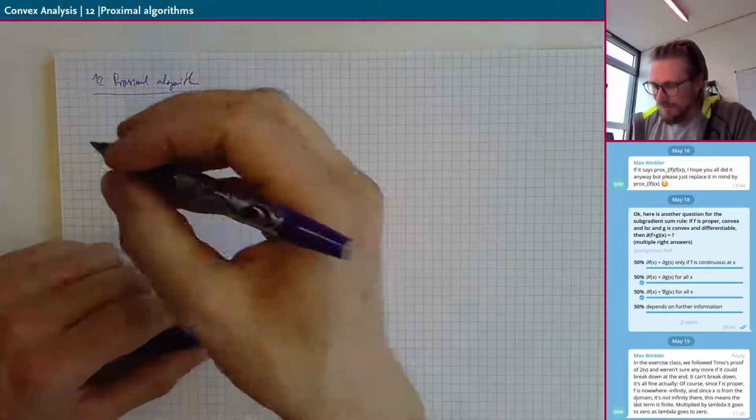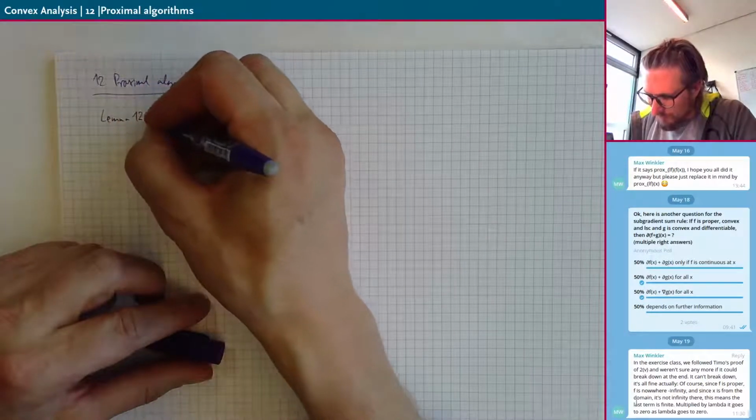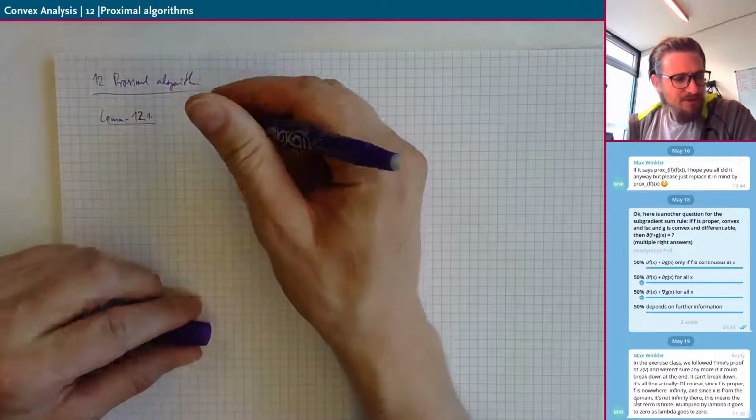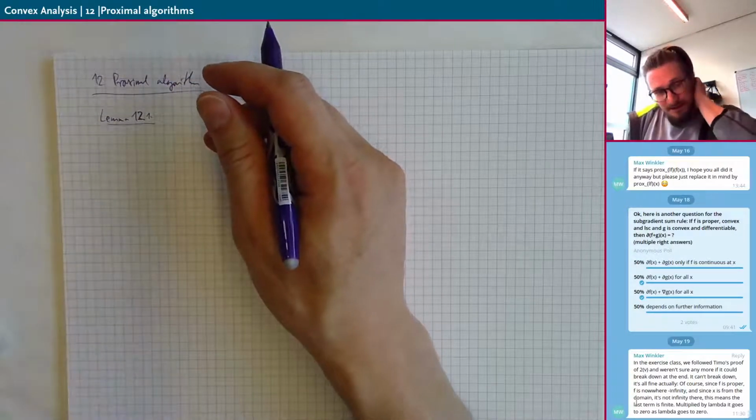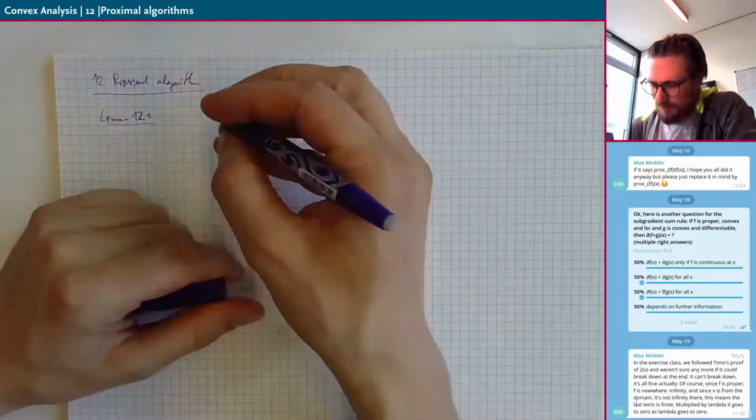We're going to start with a lemma which we could have proven some time ago, which says that the proximal mapping is Lipschitz continuous, even with constant 1.